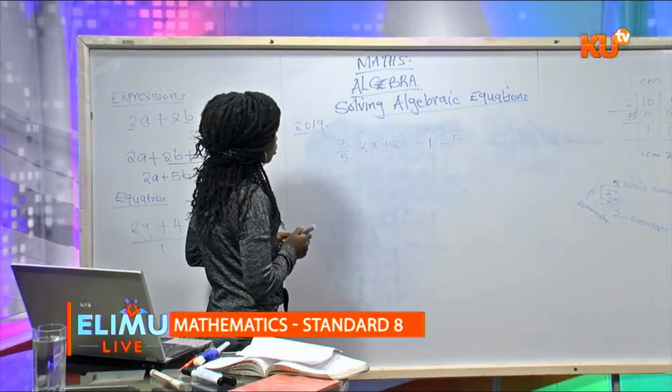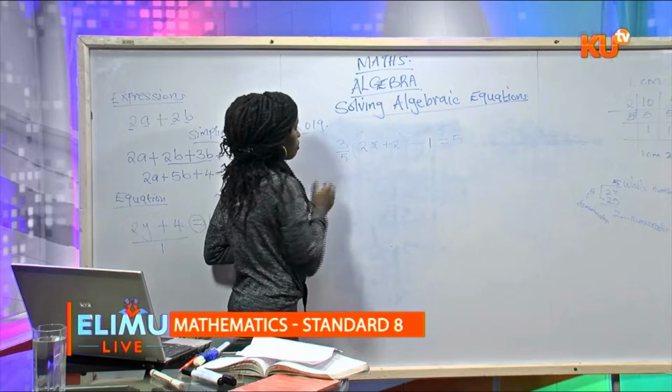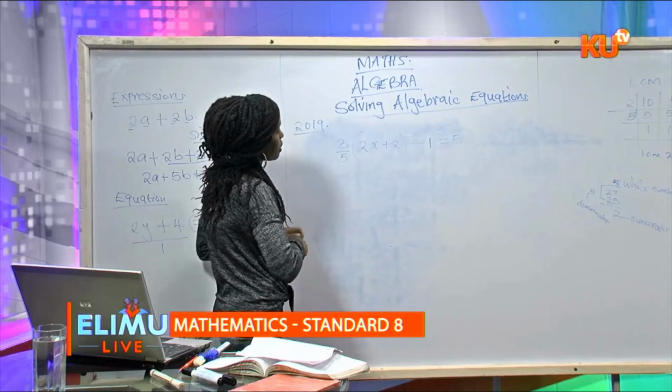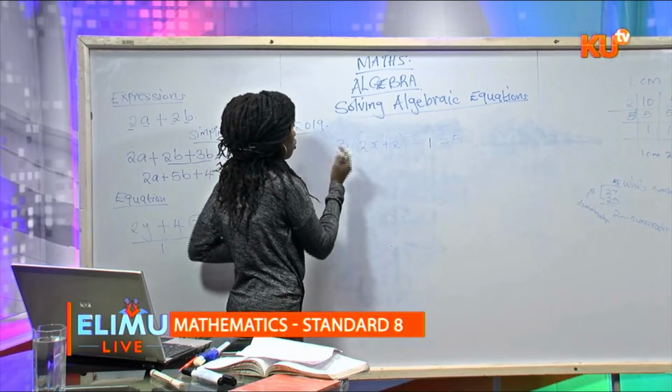So what are we supposed to do? First of all, we open up the bracket. And to open up what is inside the bracket, you multiply by what is outside.